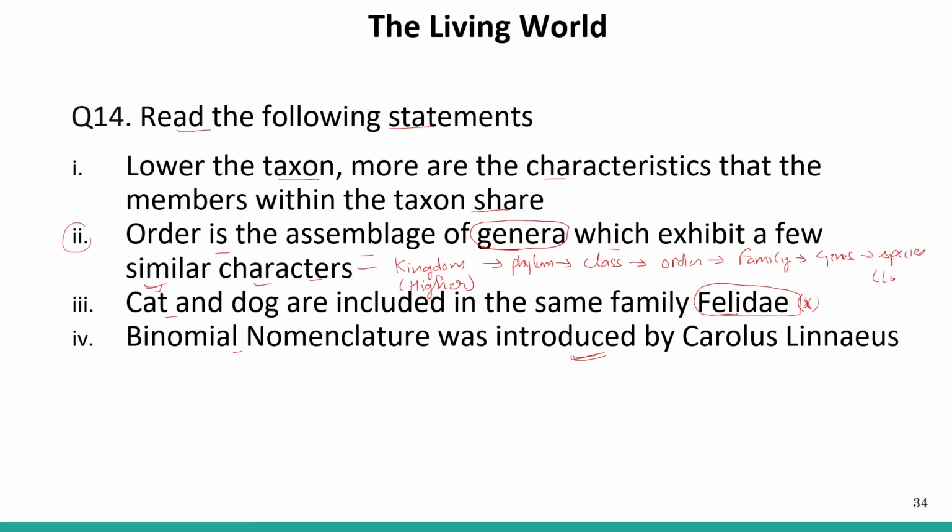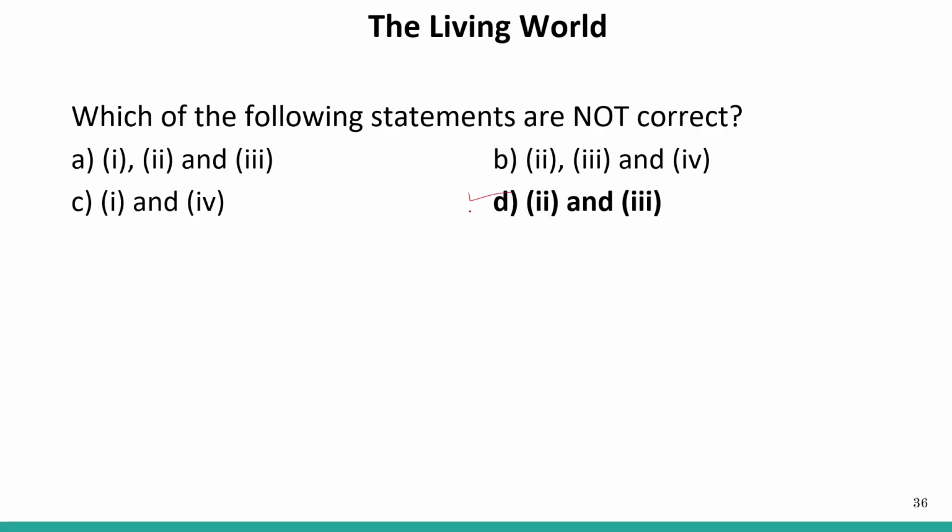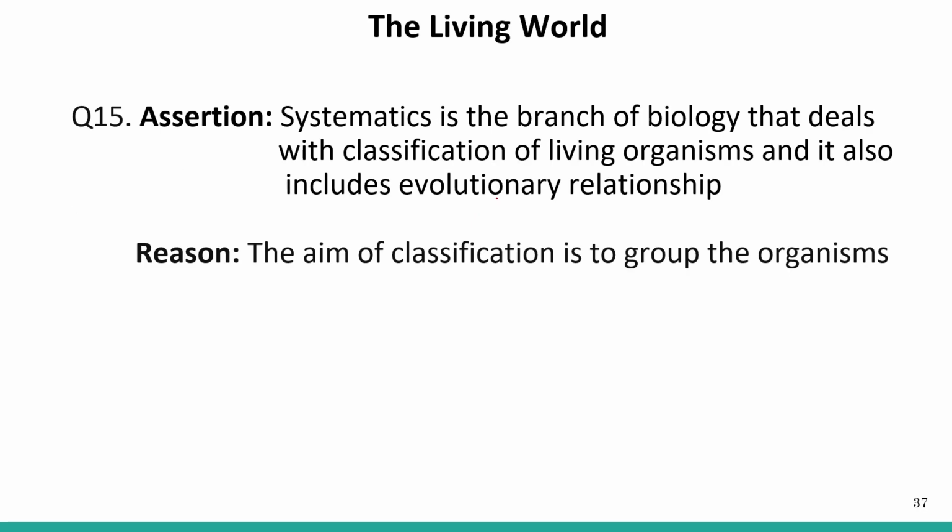Species is the lowermost category. So order is the assemblage of families, and not genera. This option is also not correct, and we have to select the option which is not correct. So what is the answer? Both the second and third statements are not correct. So this is the answer.